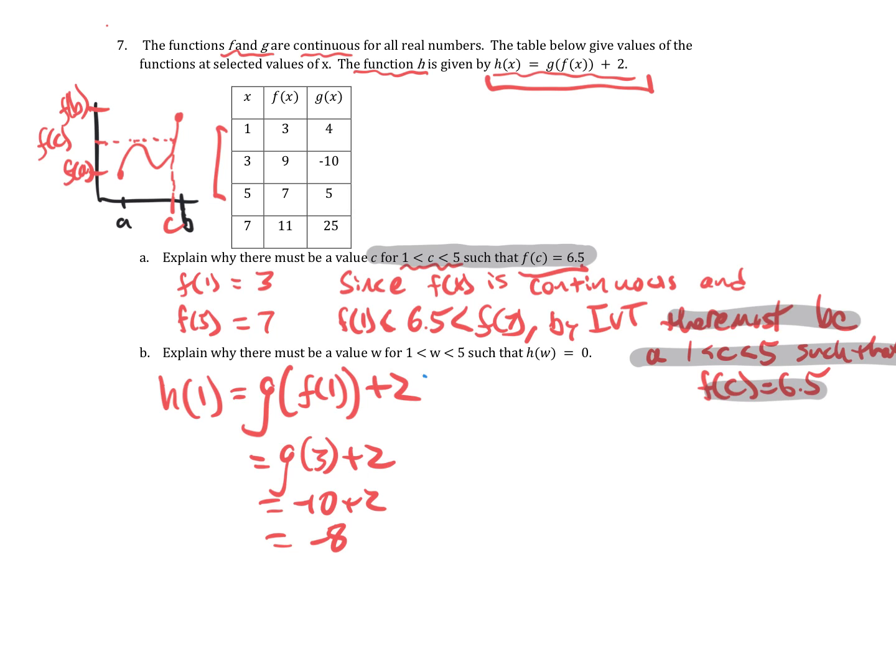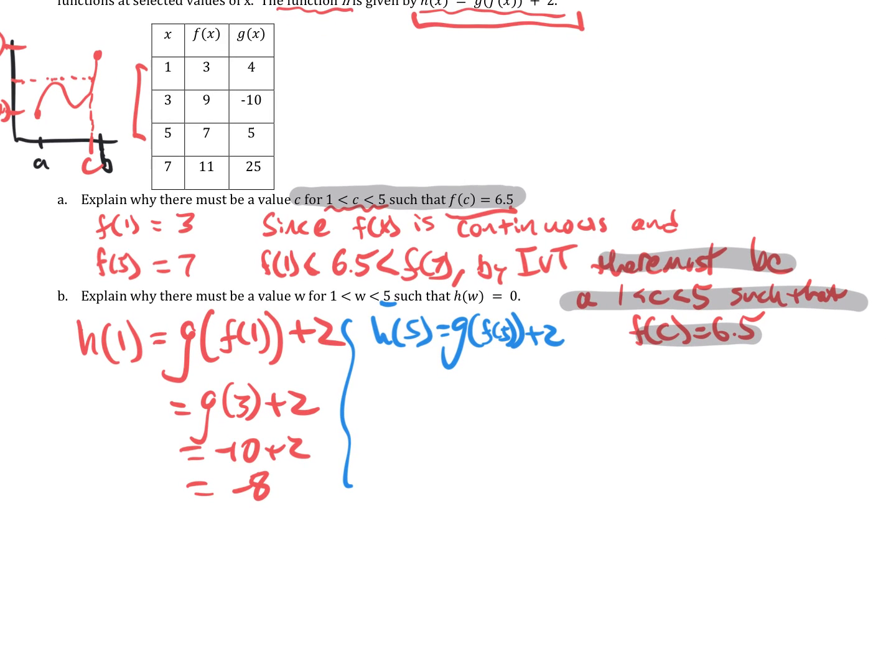All right. What about h of the second one, 5? Again, write it out: g of f of 5 plus 2. Write out the function with 5 in place of x. What is f of 5?